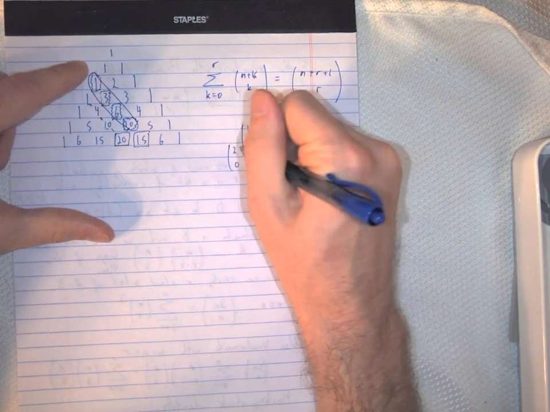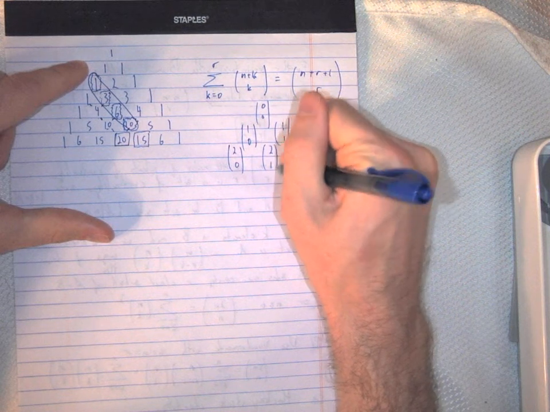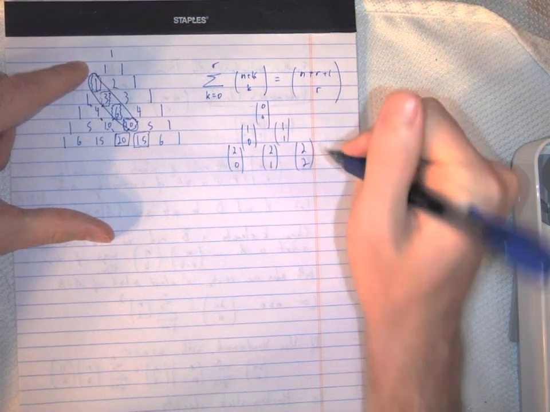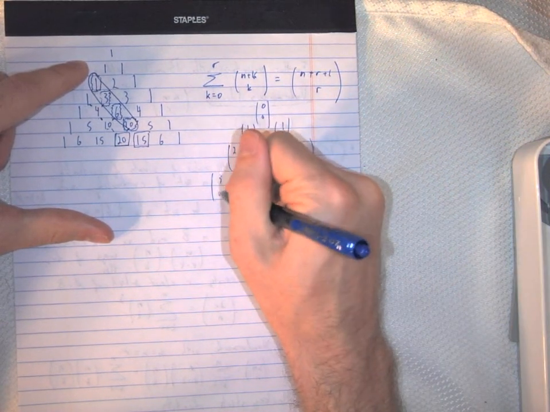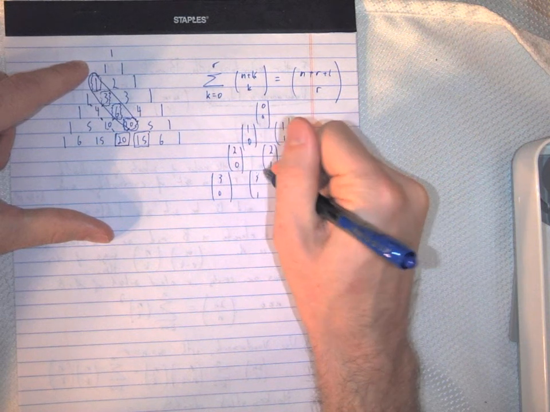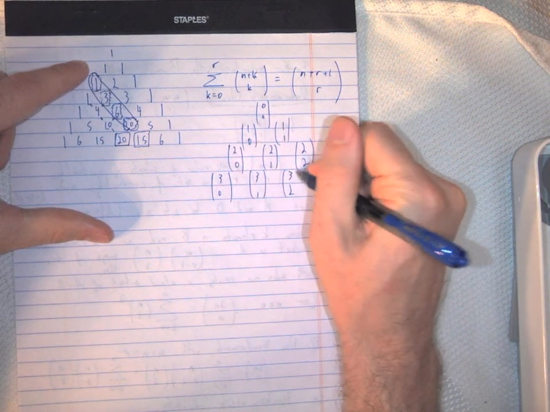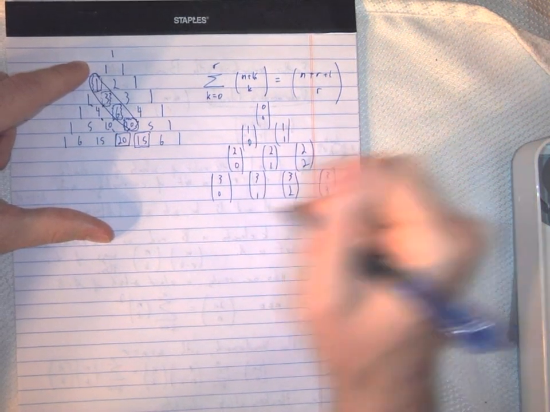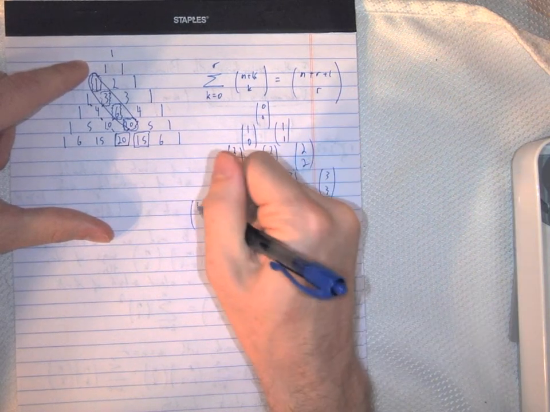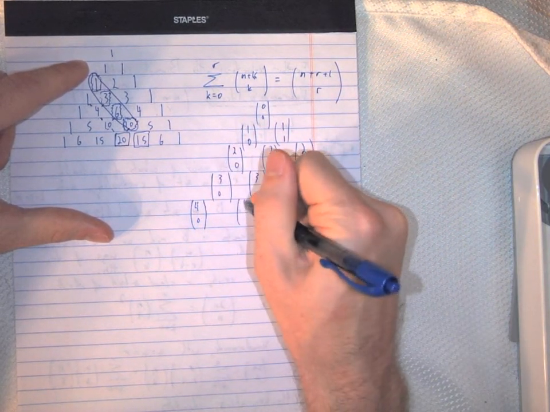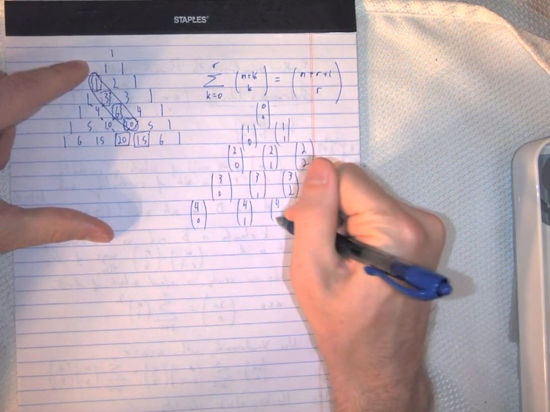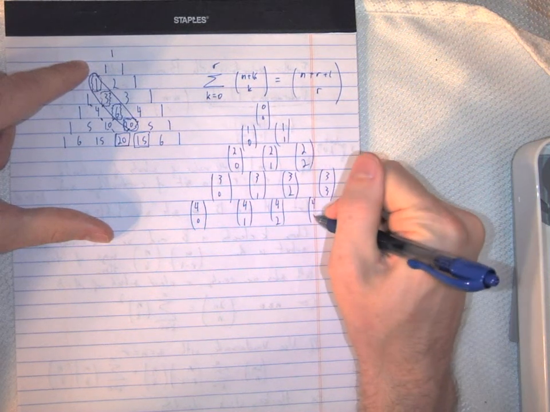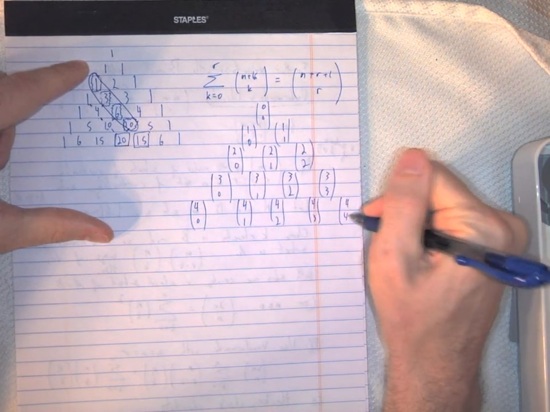Here's 2, 0, 2, 1, 2, 2. Here's 3, 0, 3, 1, 3, 2, 3, 3. And then here's 4, 0, 4, 1, 4, 2, 4, 3, 4, 4, and so on and so forth.